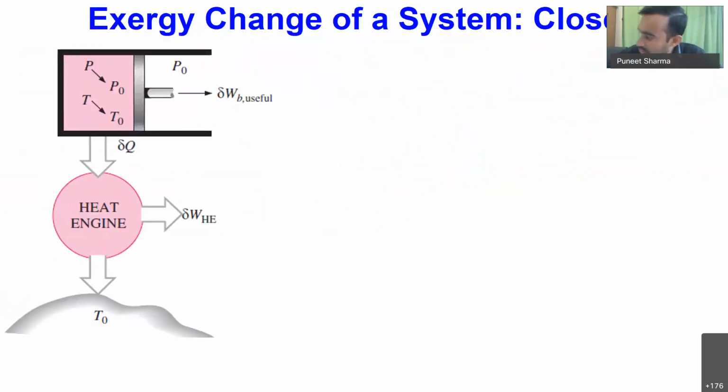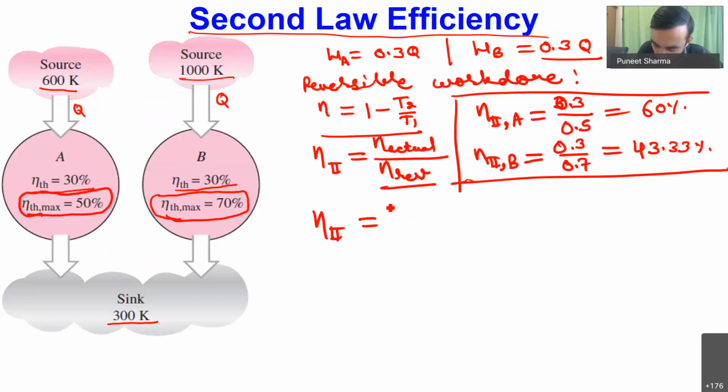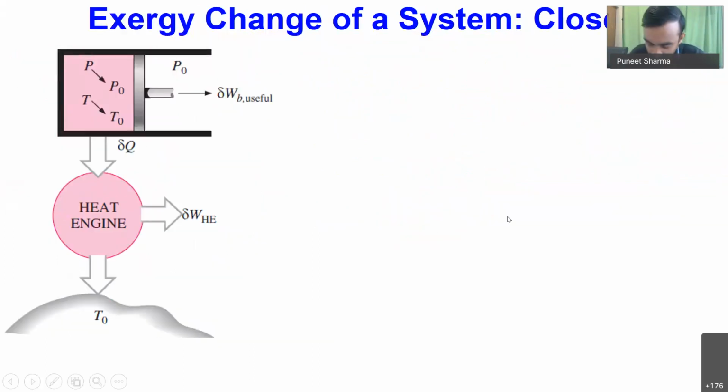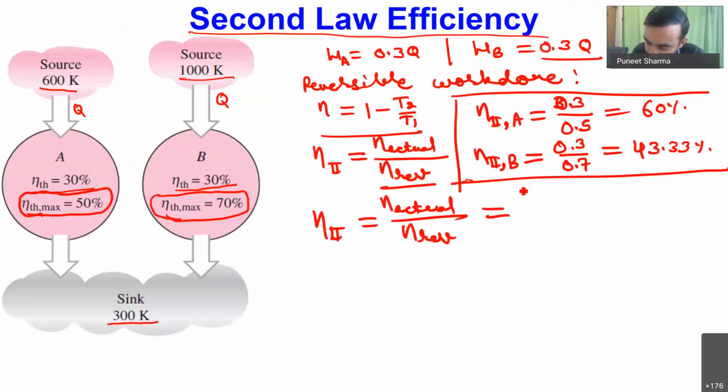I have called it eta actual divided by eta reversible. Actual efficiency is W actual divided by heat supplied, and reversible efficiency is W reversible divided by heat supplied.